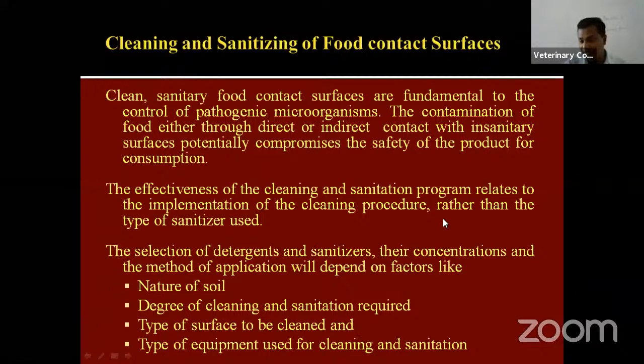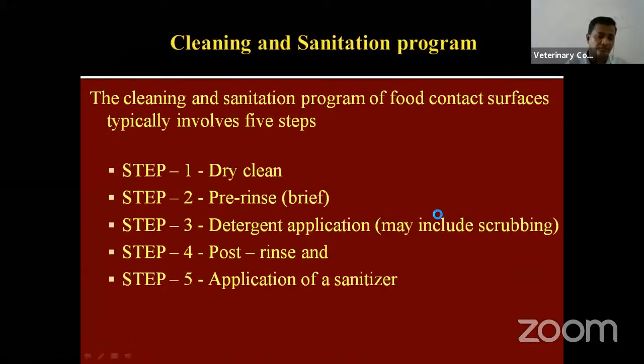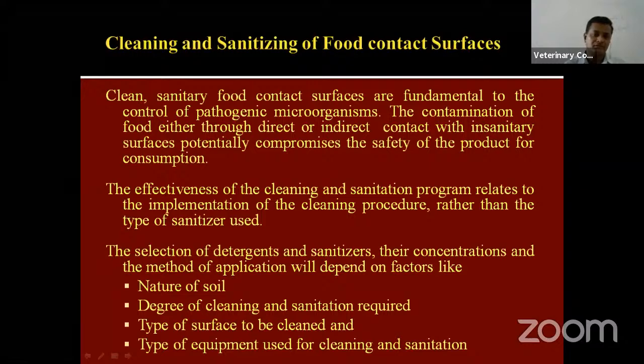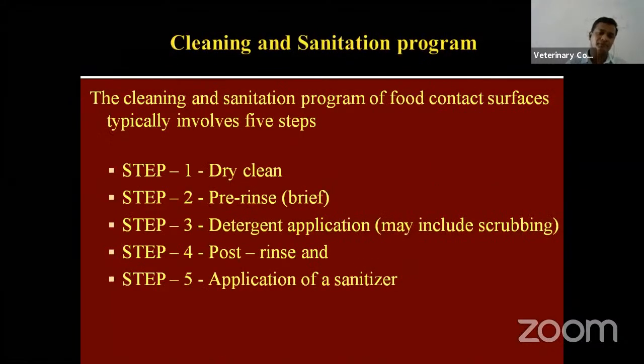So they are all attainable when a robust and suitable cleaning and sanitation program is implemented in any food industry. We discussed it for dairy, but again the same 5 steps are implemented in any cleaning and sanitization process.